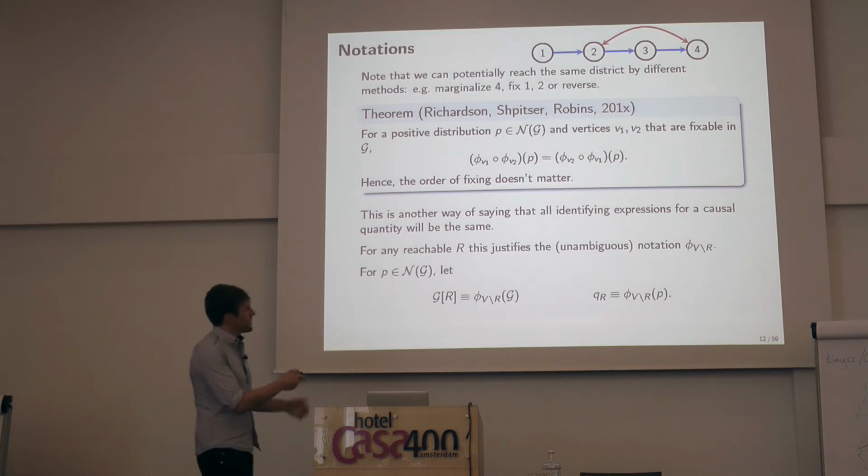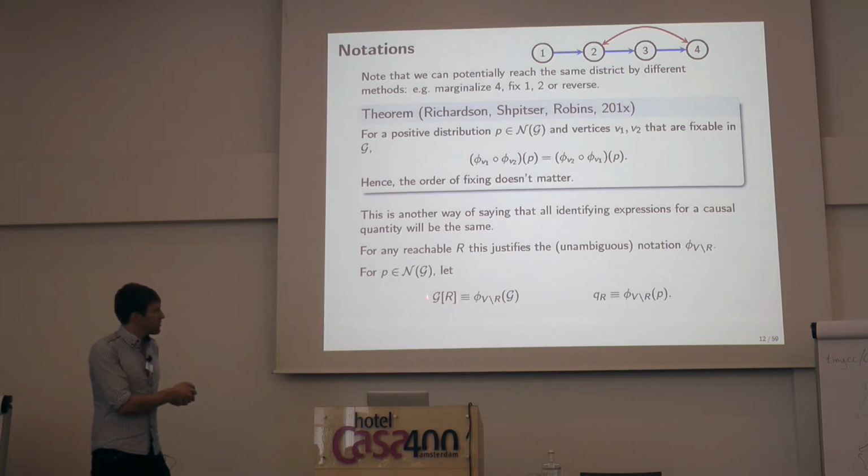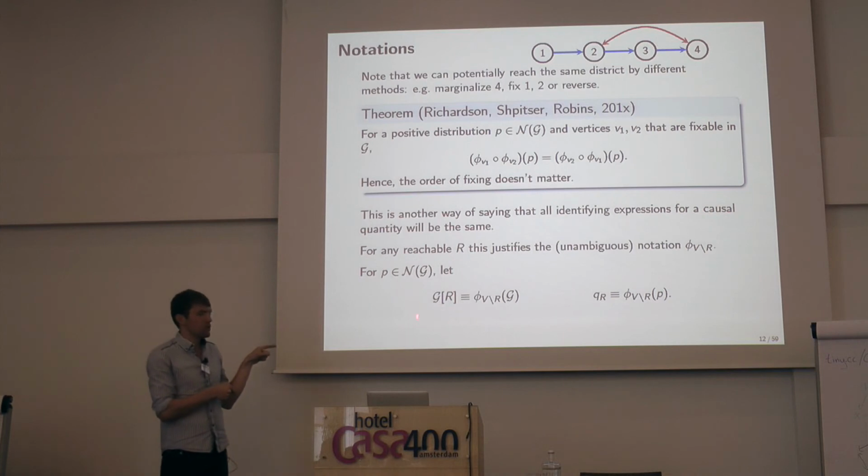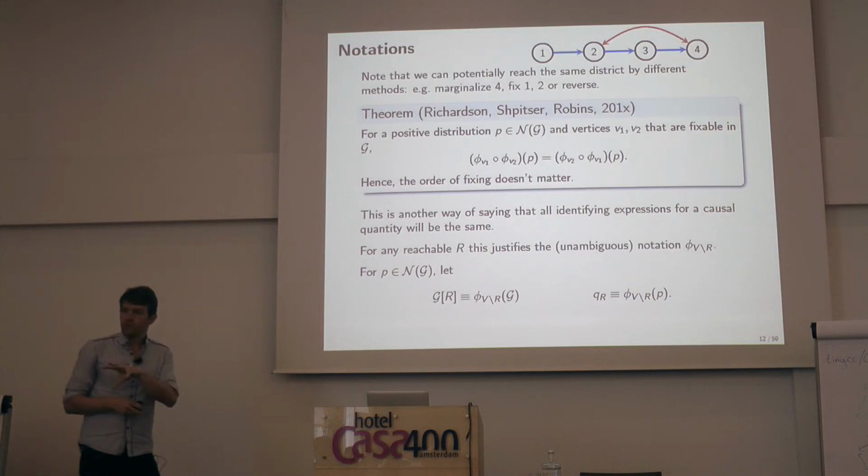Okay, so I'm going to introduce a couple of pieces of notation which will come up a lot. So G square brackets R you've already seen. I'm only ever going to use this for graphs which you actually can reach by fixing. Thomas was introducing it as part of the algorithm for graphs which you could get by intervening, but were not actually identifiable.